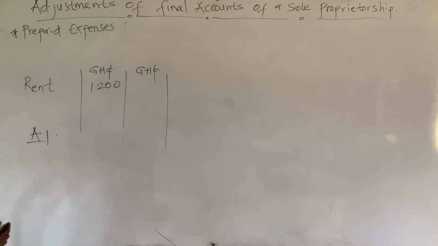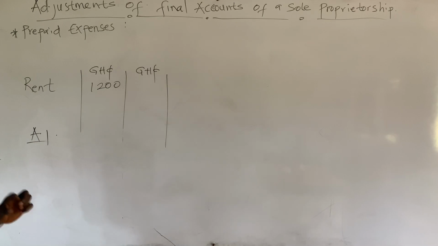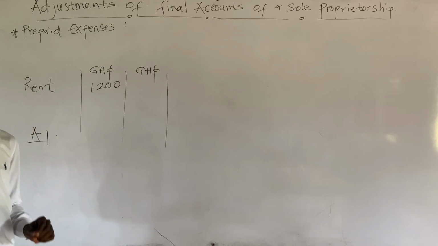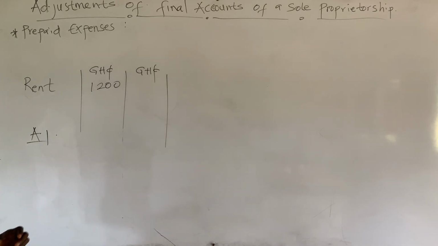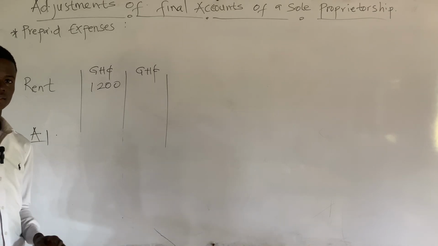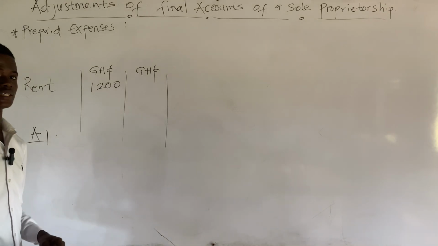And the additional information, as we said earlier on, will guide us to ascertain the expenses incurred. So if the additional information is silent about an expense on the trial balance, then it means the expense on the trial balance, which represents the expenses paid, is the same as the expenses incurred. That's why the additional information is silent about the expense.